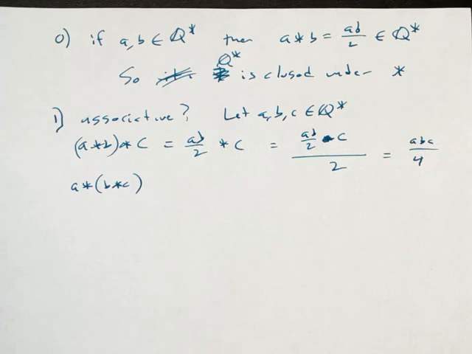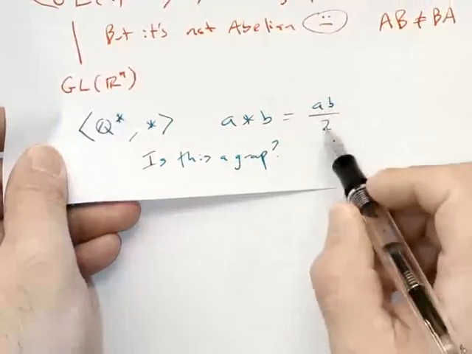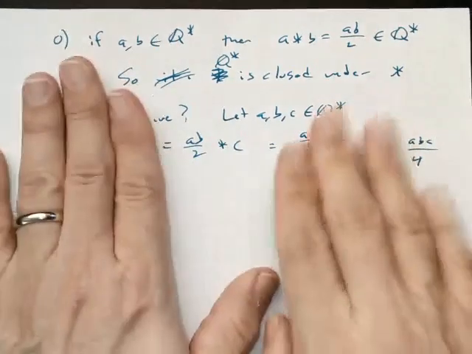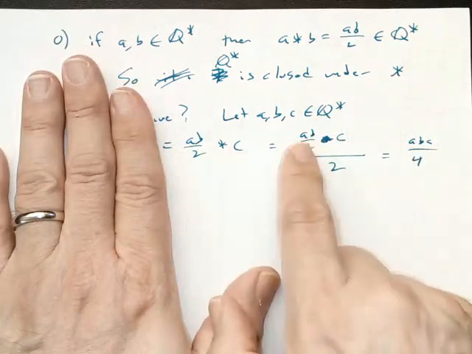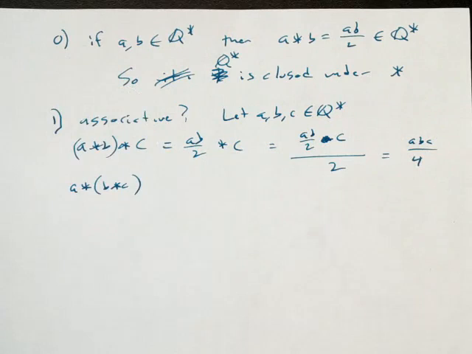Our definition when we started for star: take the 2 things, multiply them and divide by 2.